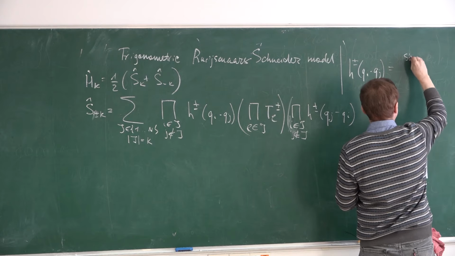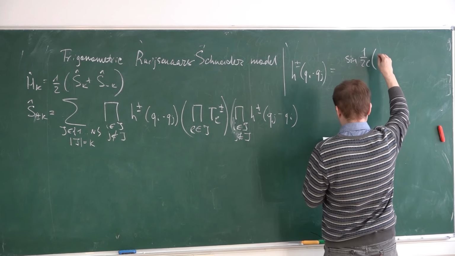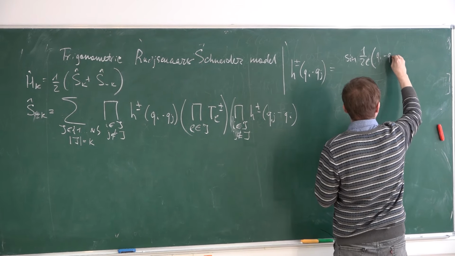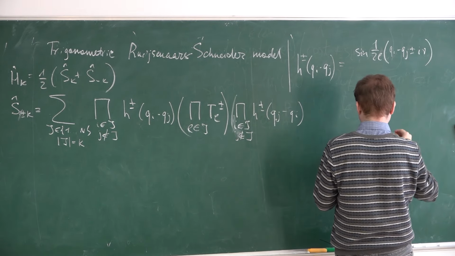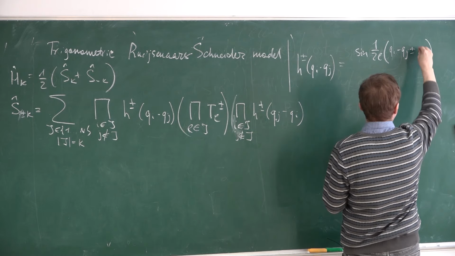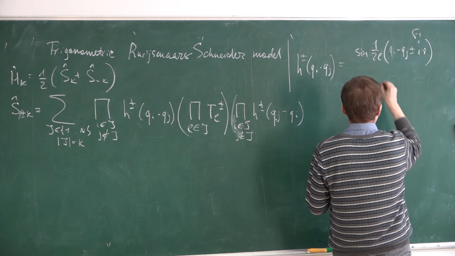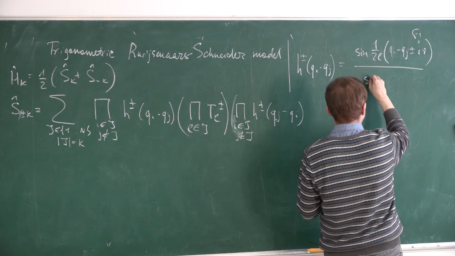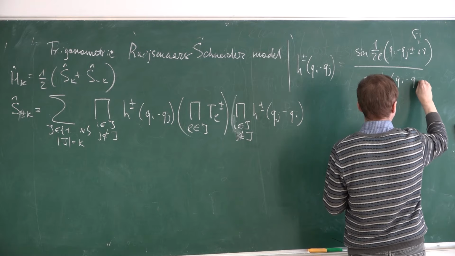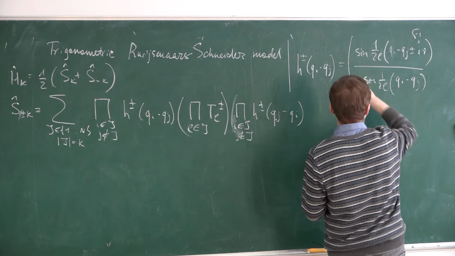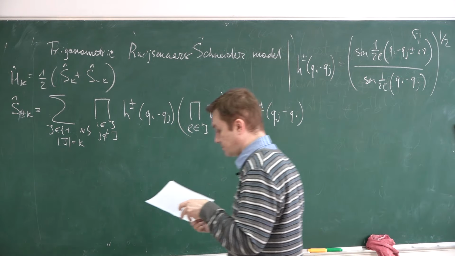In the trigonometric case, these are the following functions: sine of one half L of q_i minus q_j plus minus i nu, where this i is the square root of minus 1, divided by sine of one half L of q_i minus q_j, and all this in the power 1/2.